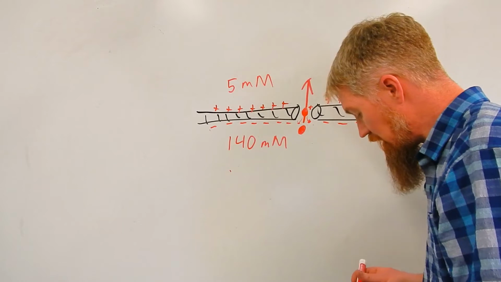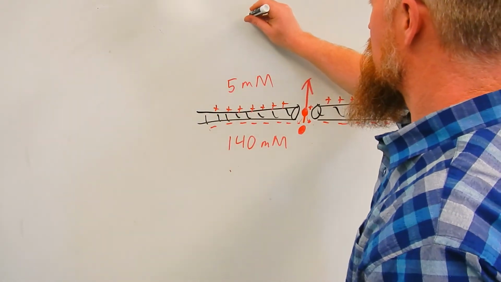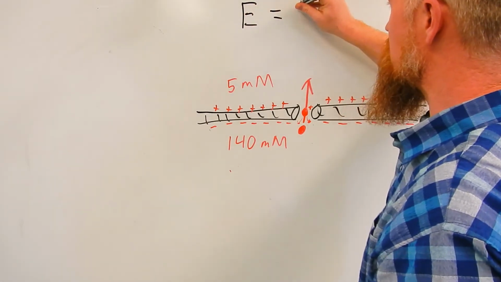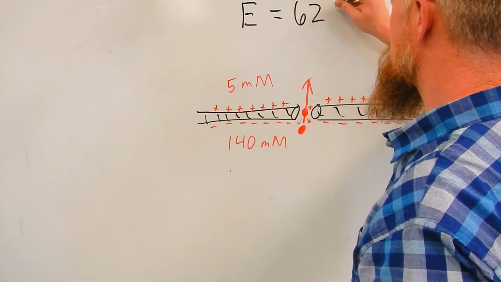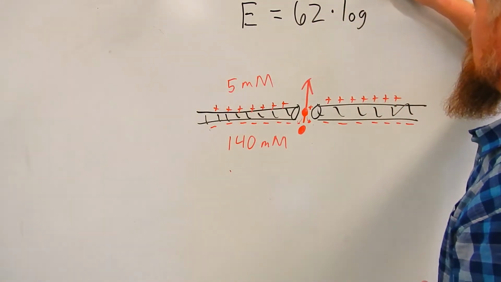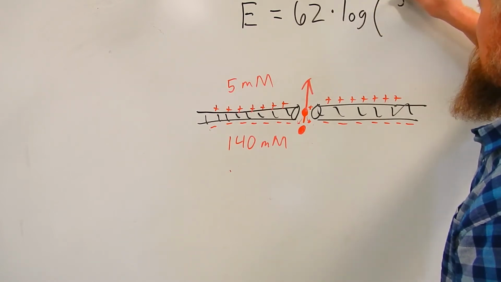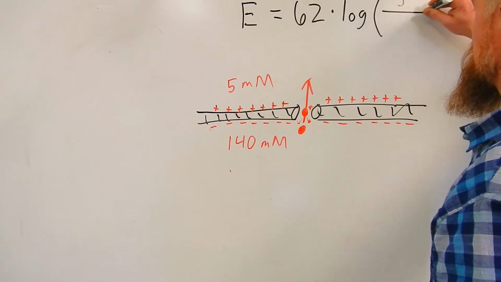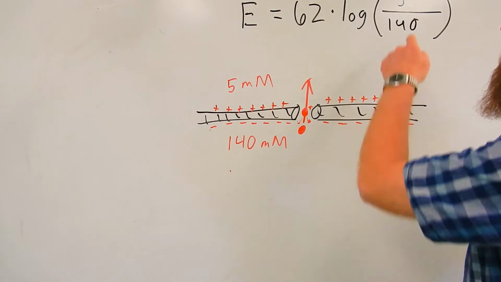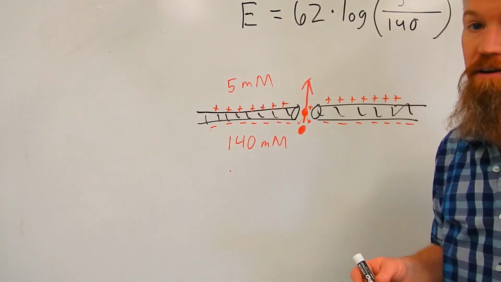But we need a commensurate charge to pull it back against that concentration gradient. The Nernst equation will then say, okay, that charge, E, will be equal to 62 times the log of the concentration difference. We said it's 5 outside the cell, 140 inside the cell. Looking and evaluating this, you're going to say, well, that's going to be well below 1.